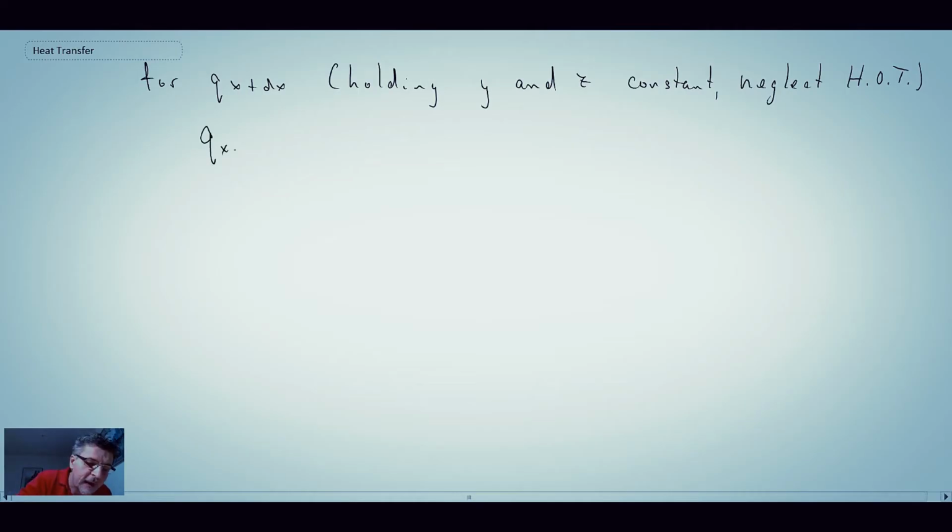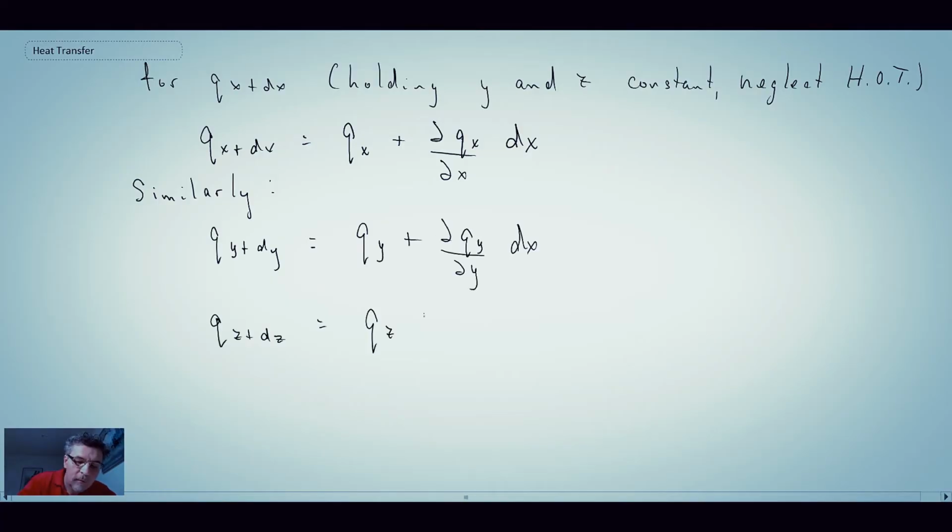And so with that, we get this equation, and then I can do the same for the y and the z direction. I'm going to call these equation 2.